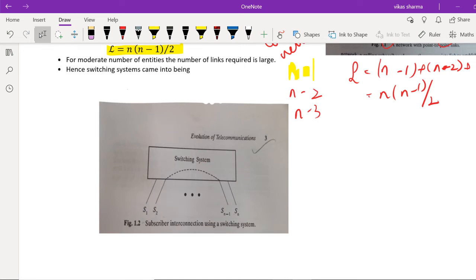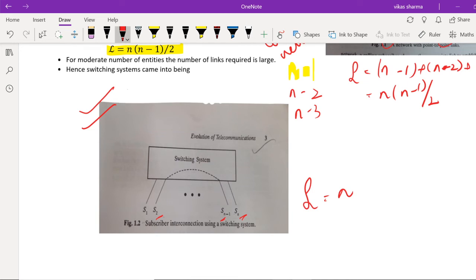Now, the subscribers were connected directly to the switching system rather than being connected with one another. This diagram shows the presence of a switching system. Here we have n subscribers, and all n subscribers are connected to the switching system and not directly to one another. If subscriber 2 wants to make a connection with subscriber n minus 1, that is connected via the switching system, and the number of links required here is equal to n.